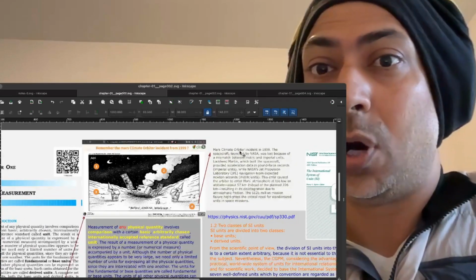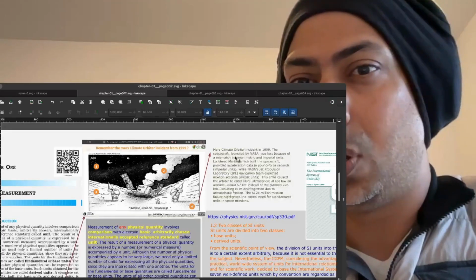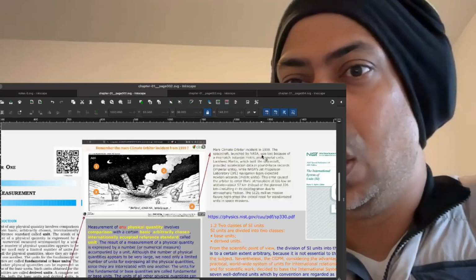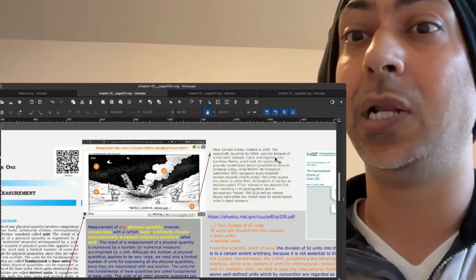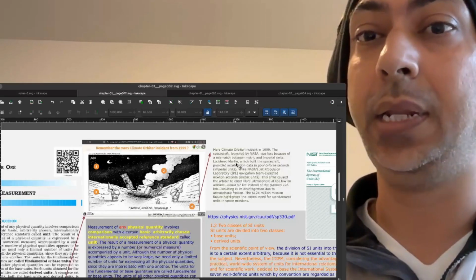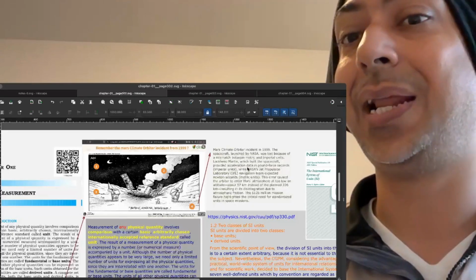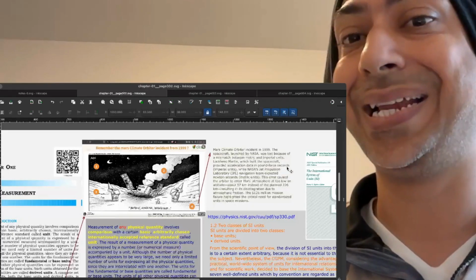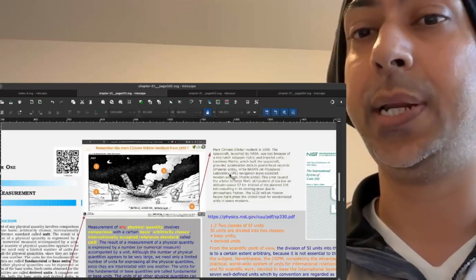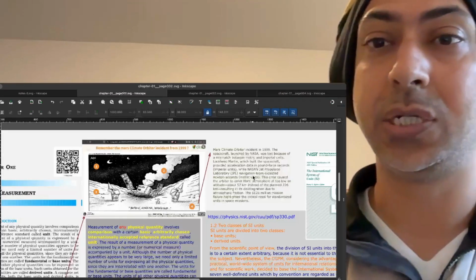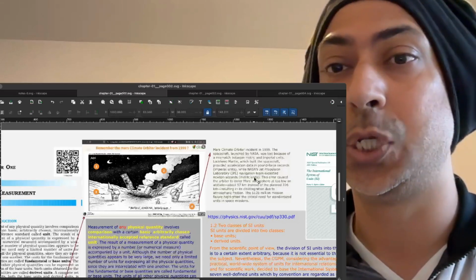So, Mars Climate Orbiter incident in 1999, the spacecraft launched by NASA was lost because of a mismatch between metric and imperial units. Lockheed Martin, which built the spacecraft, provided acceleration data in pound-force seconds, imperial units, while NASA's Jet Propulsion Laboratory (JPL) navigation team expected Newton seconds, metric units.